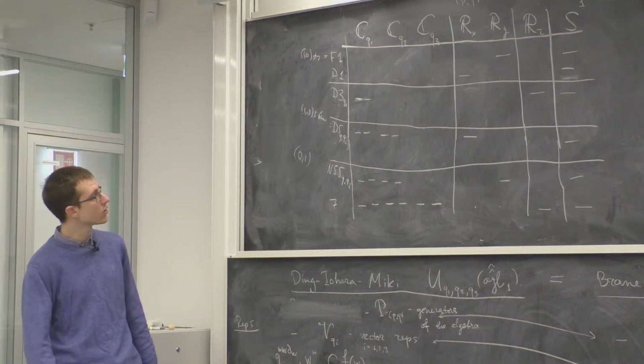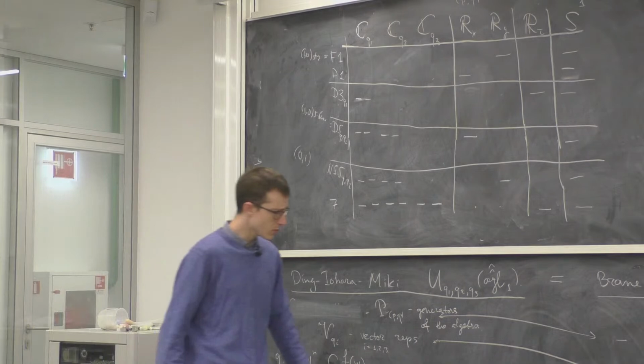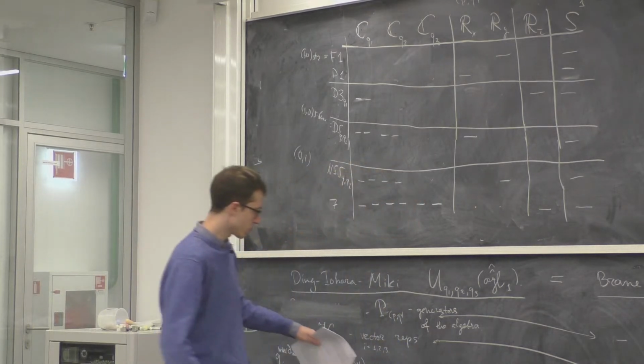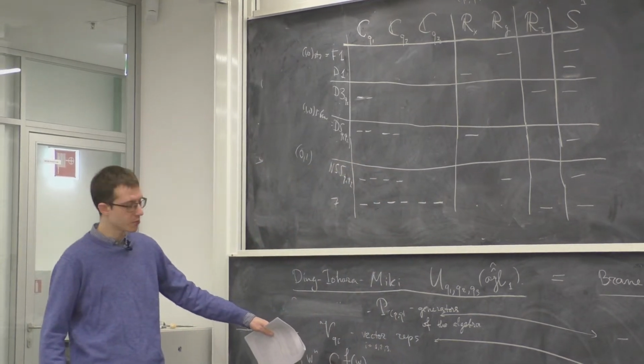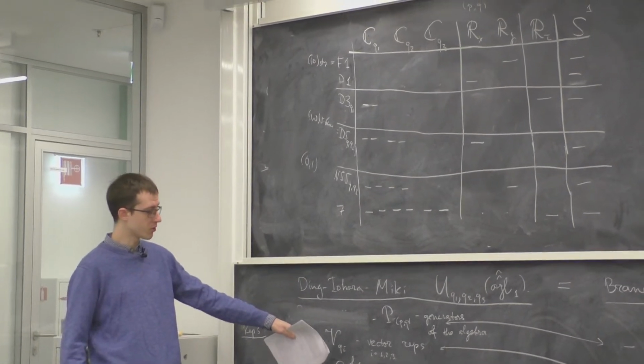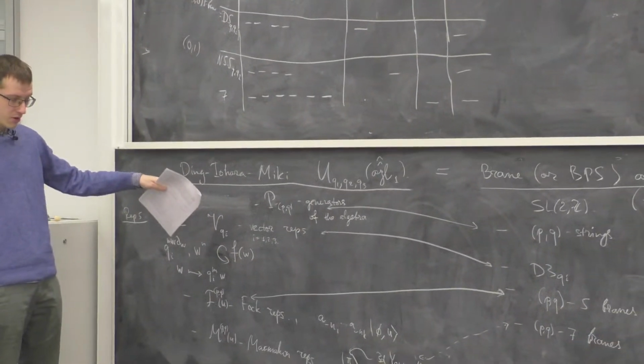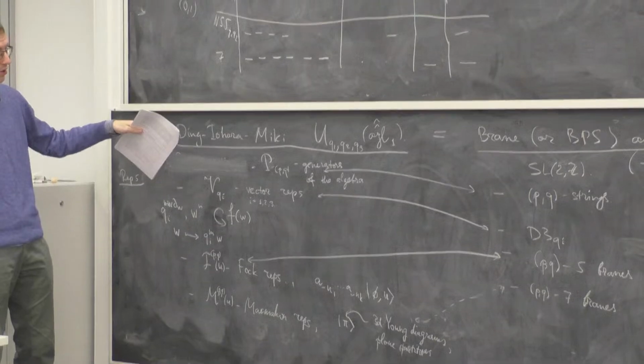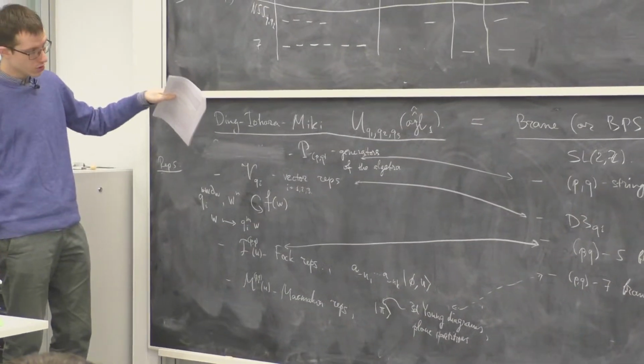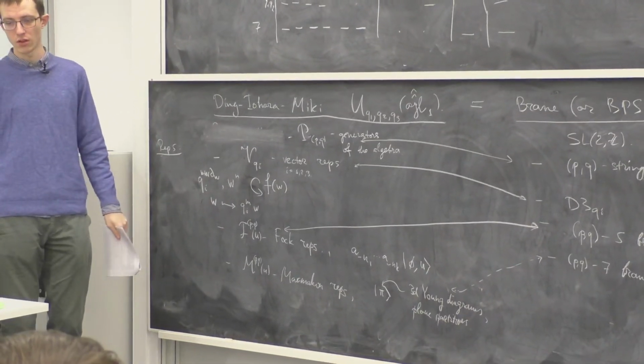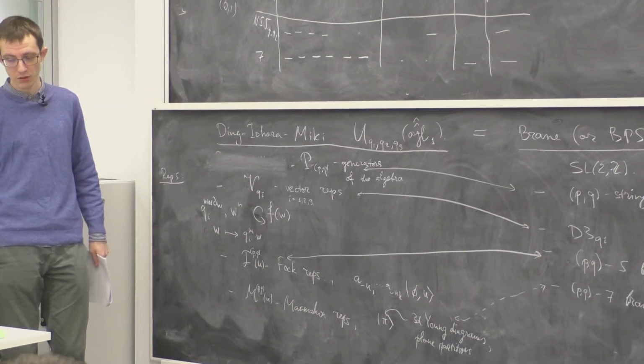So the idea is that the small statement is that branes correspond to representations, but then the interesting statement is that the junctions of branes correspond to the intertwining operators between representations.